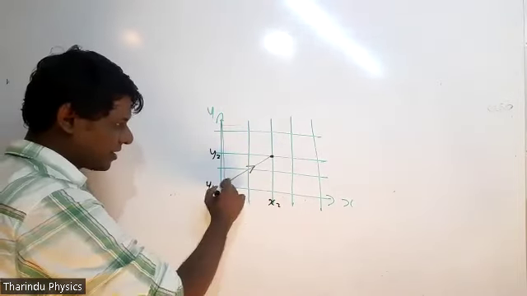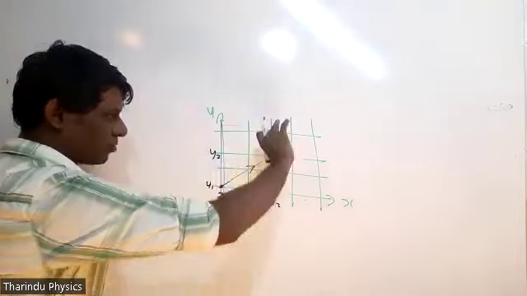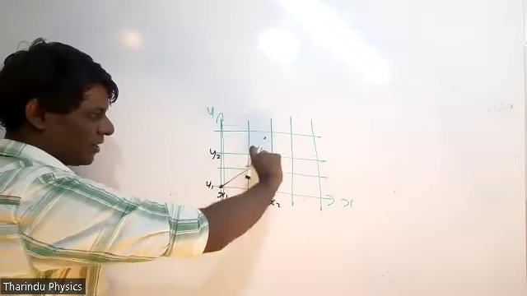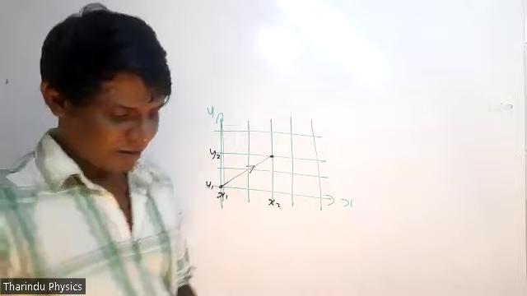You mark these points and you used to draw lines to represent whatever the change. Year 6 mathematics. Don't you remember? I think year 6 mathematics.